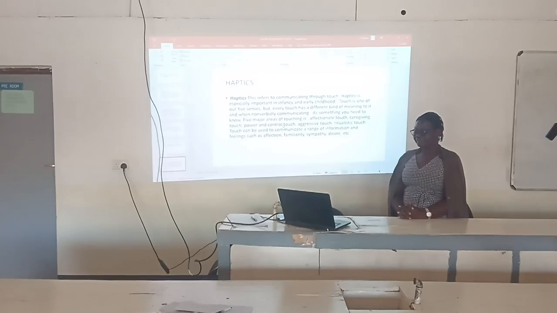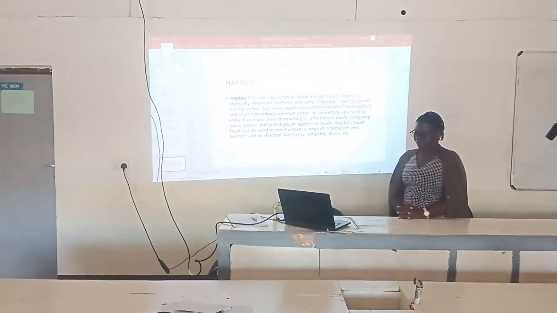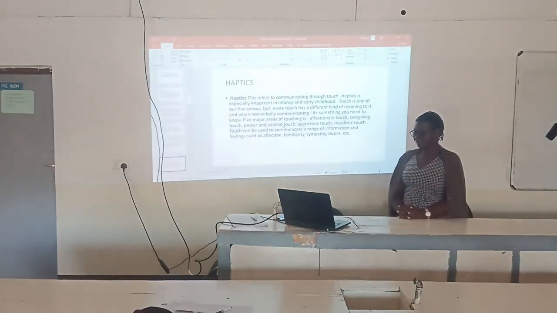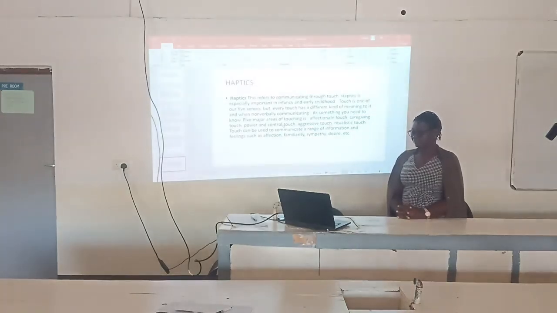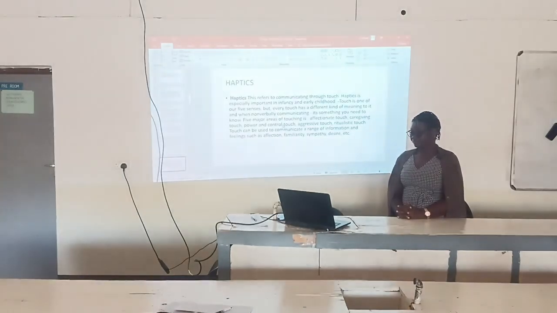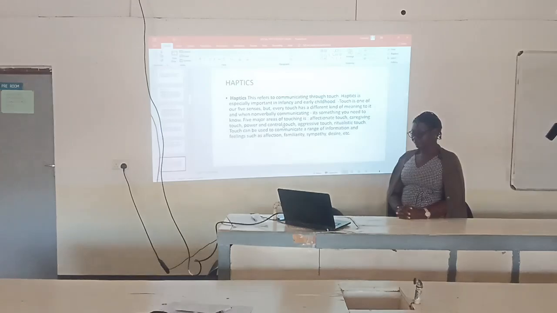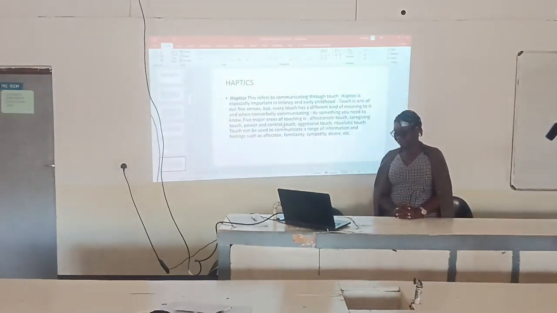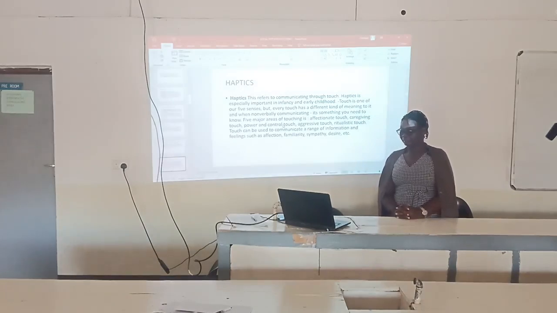Haptics. This refers to communicating through touch. Haptics is especially important in childhood. Touch is one of our five senses, but every touch has a different value.